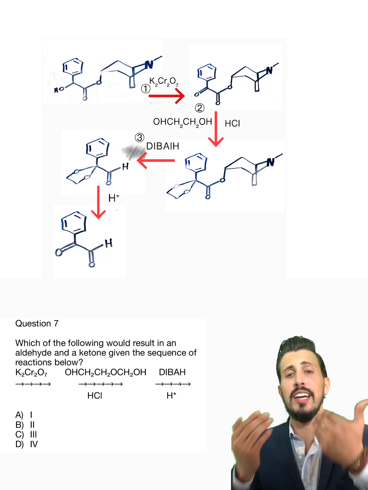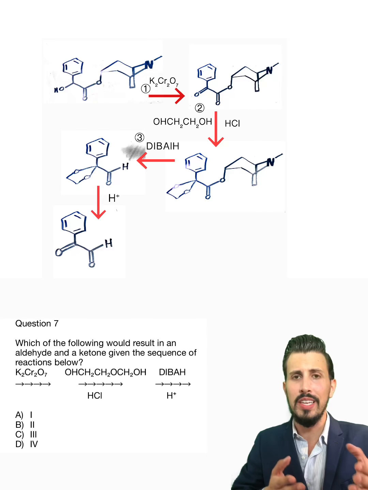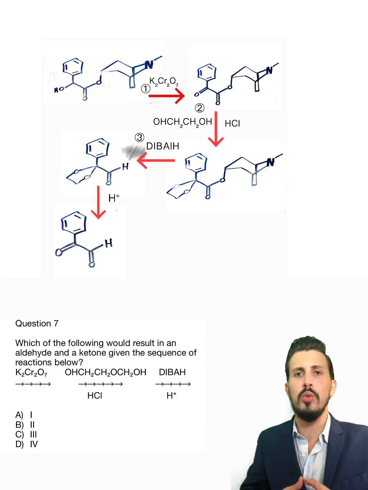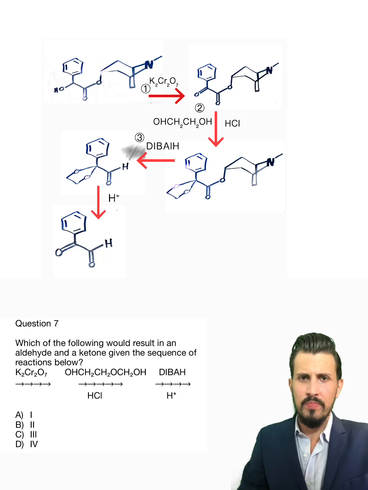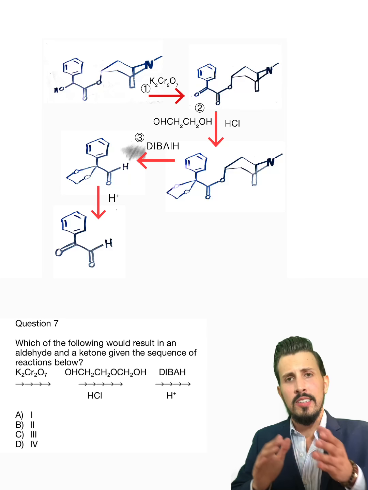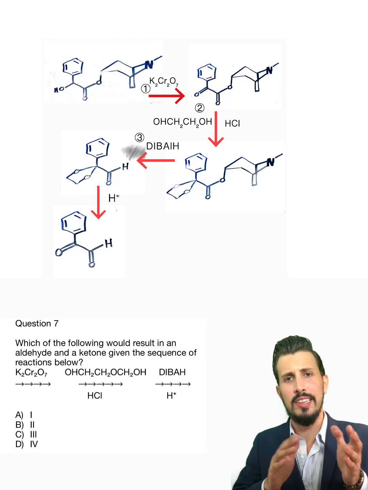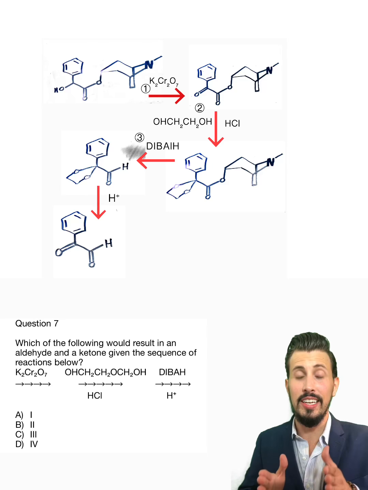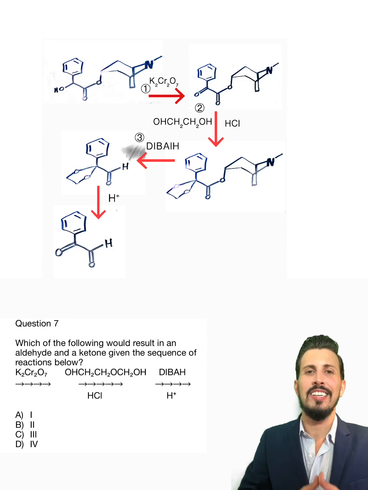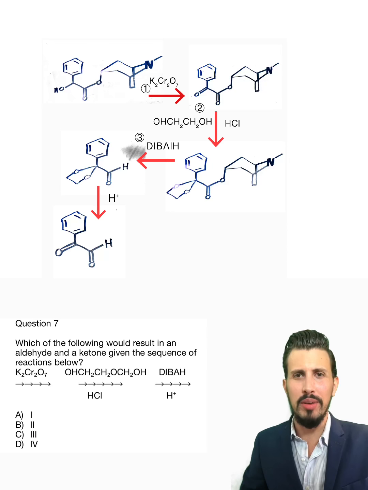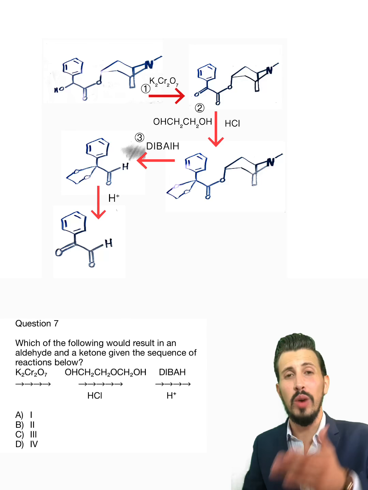So the recently oxidized secondary alcohol, which gives you the ketone, is now protected through the acetal group, and the subsequent step, which is DIBAL-H, a selective reductant, reduces carbonyl compounds and converts them into aldehydes.